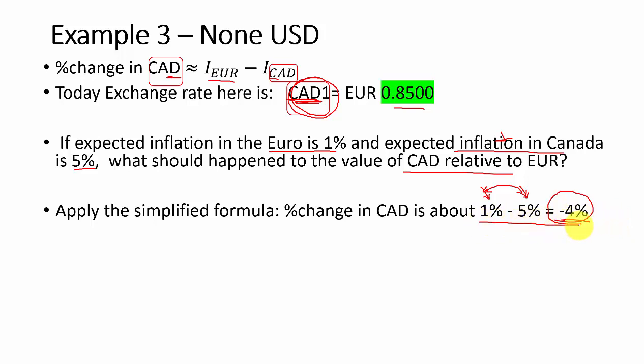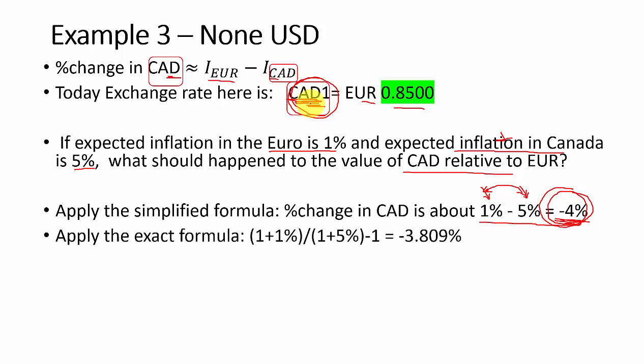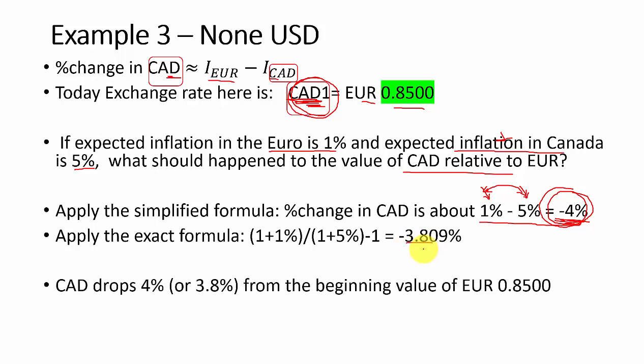Even if you get the negative 4 but apply it to the euro, it is also wrong to say the euro depreciates by 4%. The depreciation of 4% applies to the Canadian dollar. If you apply the exact formula, it is about 3.8% depreciation for the Canadian dollar.